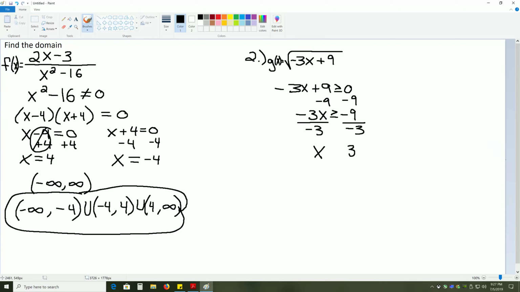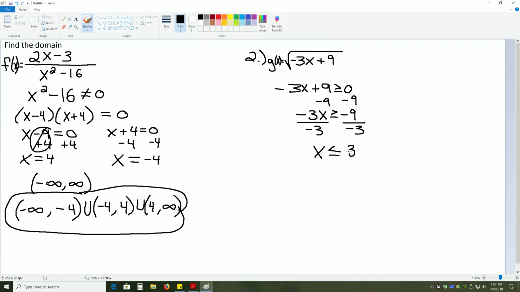And because we divided by a negative, we have to flip the inequality, meaning this will become x is less than or equal to positive 3. These are the only numbers that will work for our domain. These are the only numbers for which that square root will have a positive or 0 plugged into it.